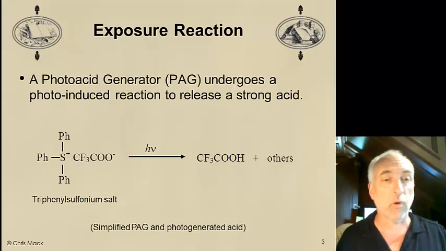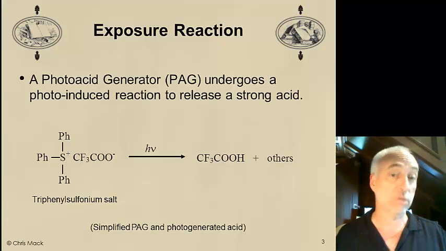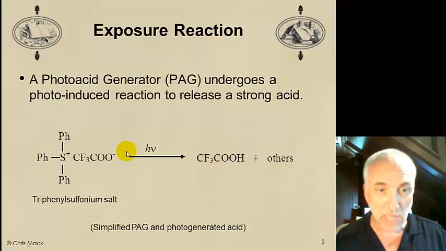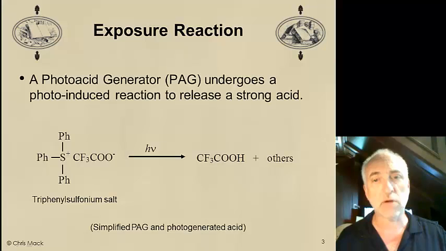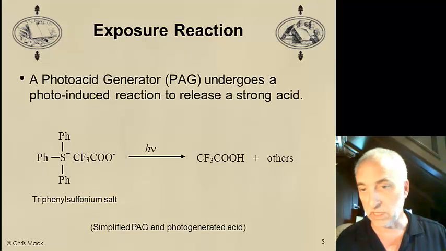Here's an example PAG, a triphenyl sulfonium salt. These Ph, that's shorthand notation for a phenyl group, a benzene ring, that's attached at 3 places, and it's a salt, and when we expose it, this thing breaks up and generates an acid. Here I show trifluoroacetic acid.